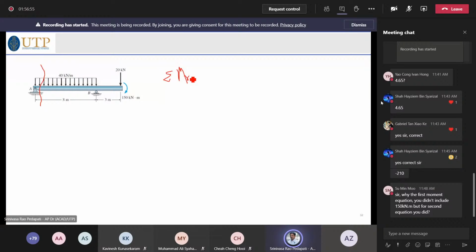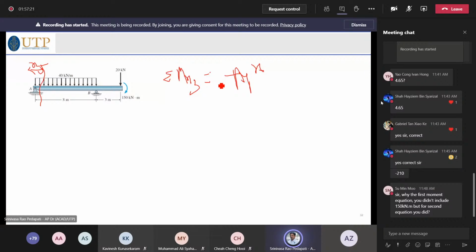Let me call it section 3, which is equal to Ay times x. By the way, what is x? x is the distance at which you take the moment equation. Ay times x is anti-clockwise.